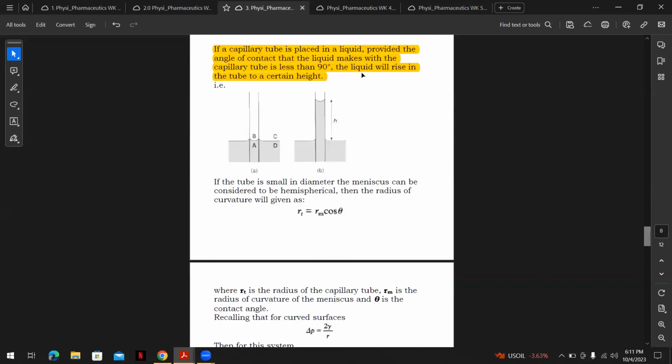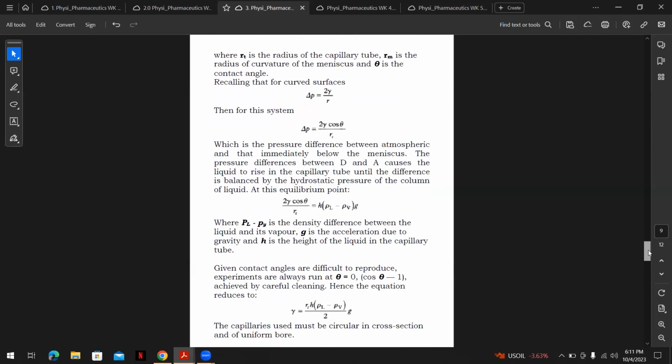For the capillary rise method, you see this height is what we are measuring. If the contact angle is not less than 90 degrees, it won't rise. Once we get this height, we calculate our surface tension from this formula, where you have the height of the liquid, the density difference between the liquid and its vapor, and the acceleration due to gravity.